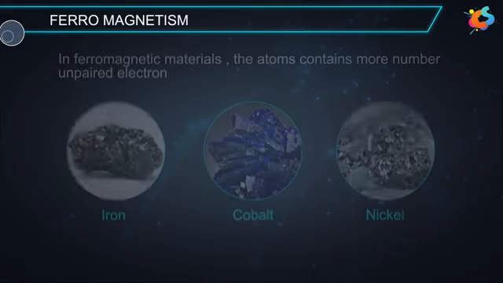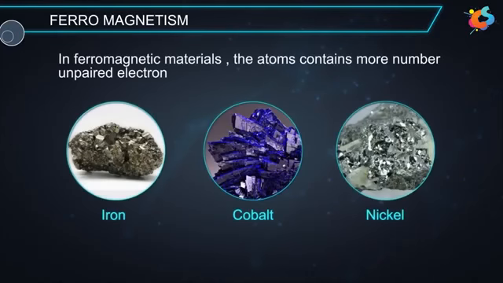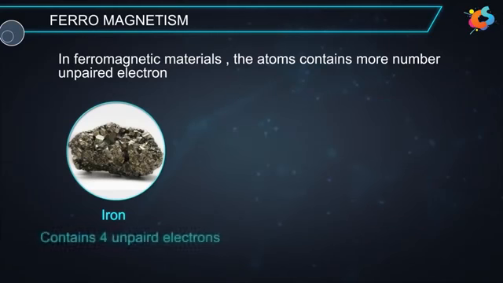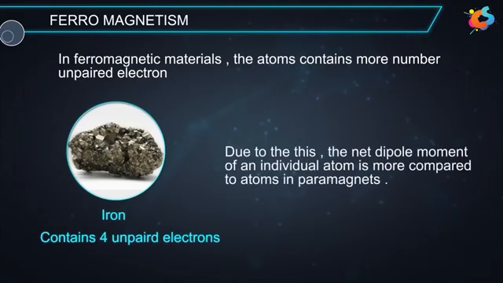Ferromagnetism. In ferromagnetic materials, the atoms contain more unpaired electrons. For example, iron contains 4 unpaired electrons. Due to this, the net dipole moment of an individual atom is more compared to atoms in paramagnets.